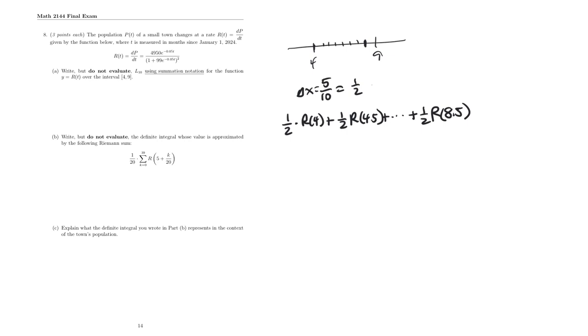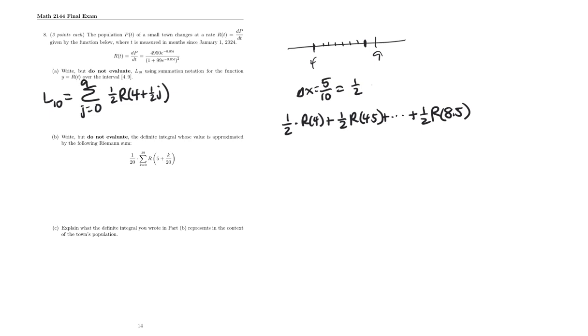I just want to write that using summation notation. So the left-hand approximation with 10 rectangles is going to be equal to the sum of 1/2 R of 4 plus 1/2 times J, and J is going to go from 0 up to 9.